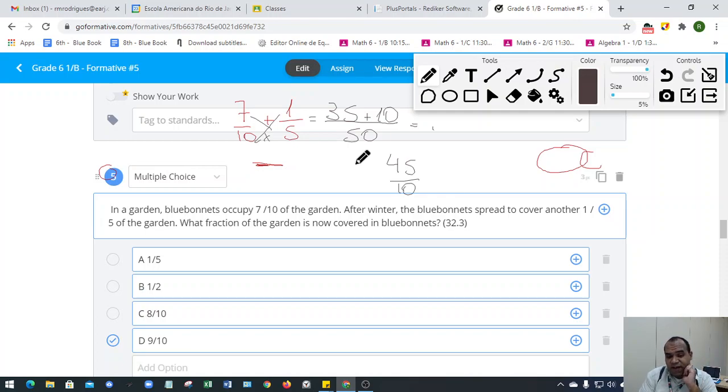Yes, you can divide by 5. 45 divided by 5 is 9. 50 divided by 5 is 10. Sorry, guys, I made a mistake: the denominator here is 50. Great. And here is 10. Because divided by 5, it is 9 over 10.